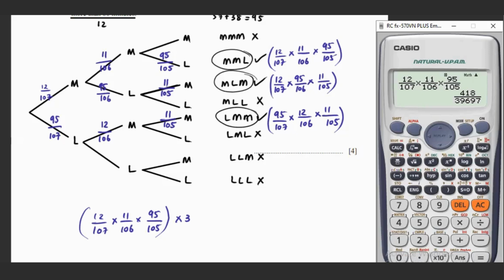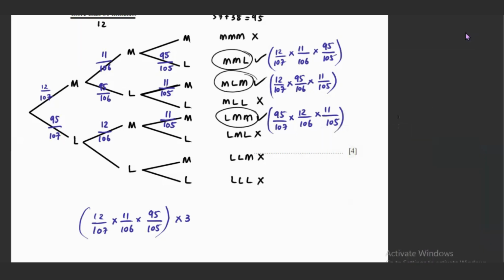Then I need to times this answer that I have here by 3. So when I do that, this is what I get as the answer, which is 1254 over 39,697. This is the answer for this question.